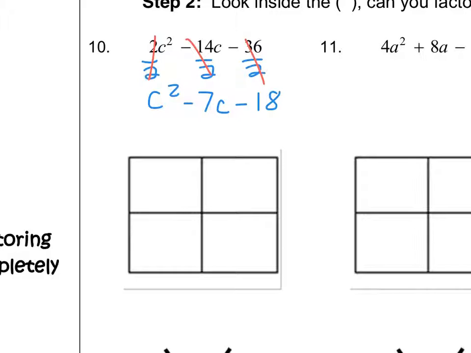Now that's what I'll be putting through my boxes. So go ahead and start. My first term there, my last term here. My A is 1, my B is negative 7, and my C is negative 18.